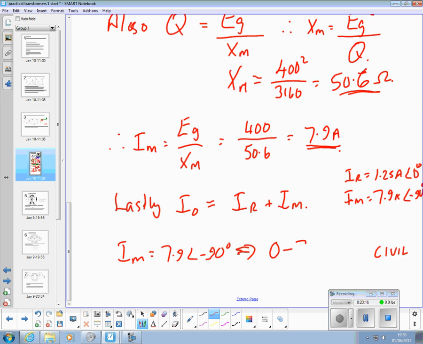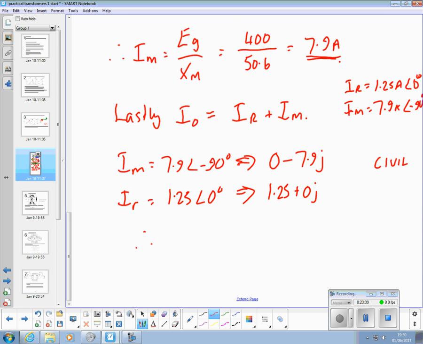No, minus 7.9 J, isn't it? Yeah. And the other one, IR, 1.25, angle 0 degrees, converts to 1.25 plus 0J.